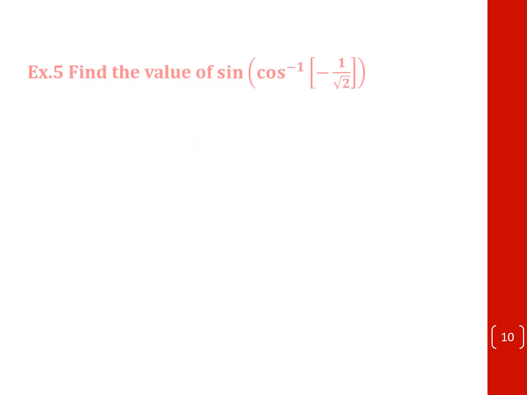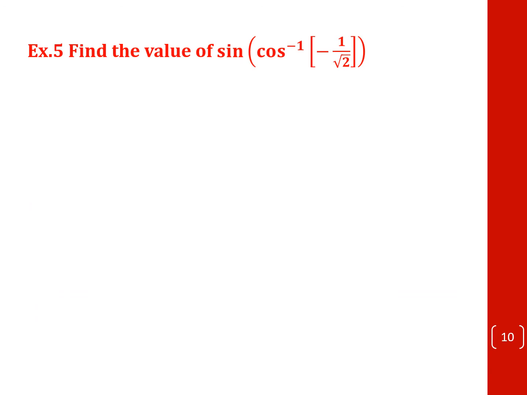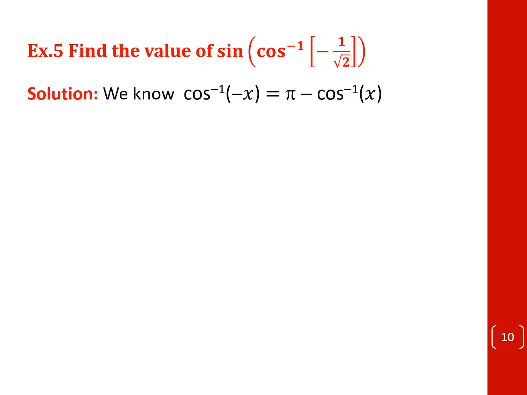Fifth example, find the value of sine of cos inverse of minus 1 by root 2. Solution, we know the result cos inverse of minus x equals pi minus cos inverse of x. We will use this result here. Since we have minus 1 by root 2 there, in place of this x we will write 1 by root 2.